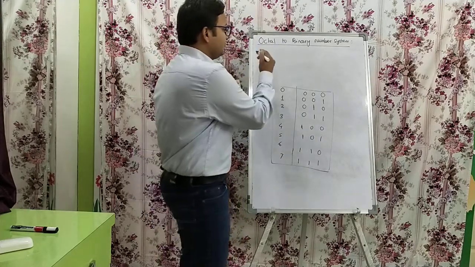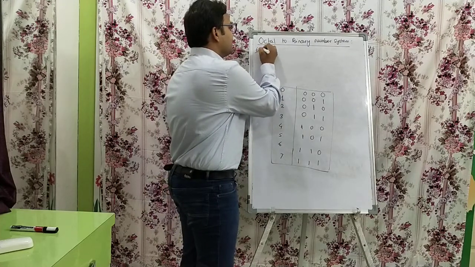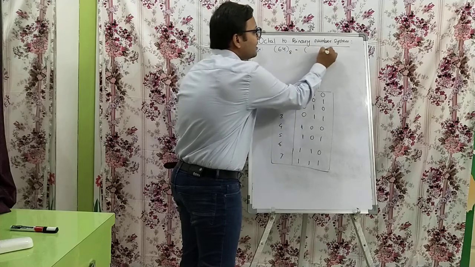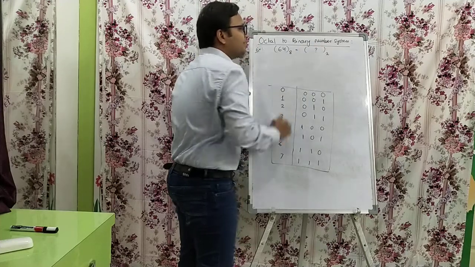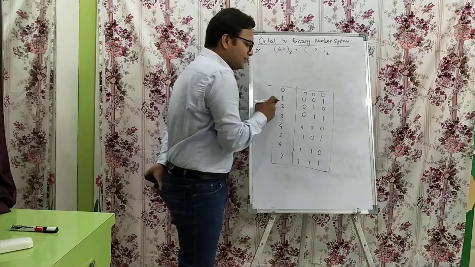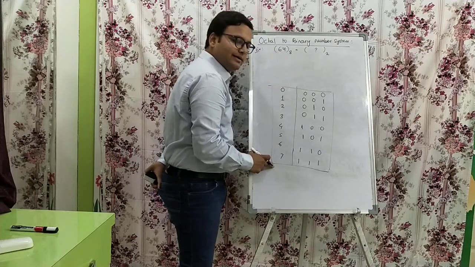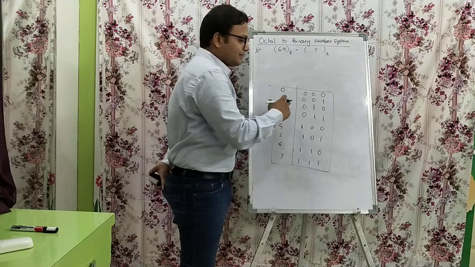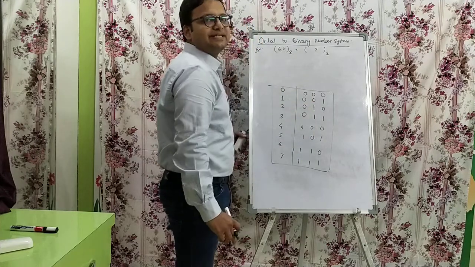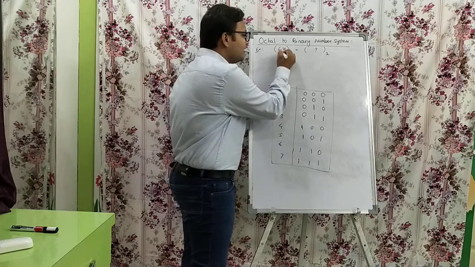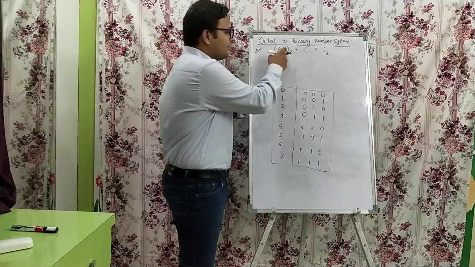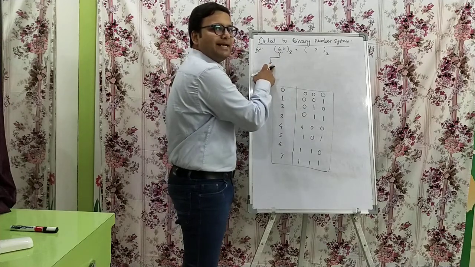Example: 64 base 8, you need to convert to binary. As you know, each octal digit converted to binary becomes 3 binary bits. So each octal digit you have to convert to the weighted binary digits.